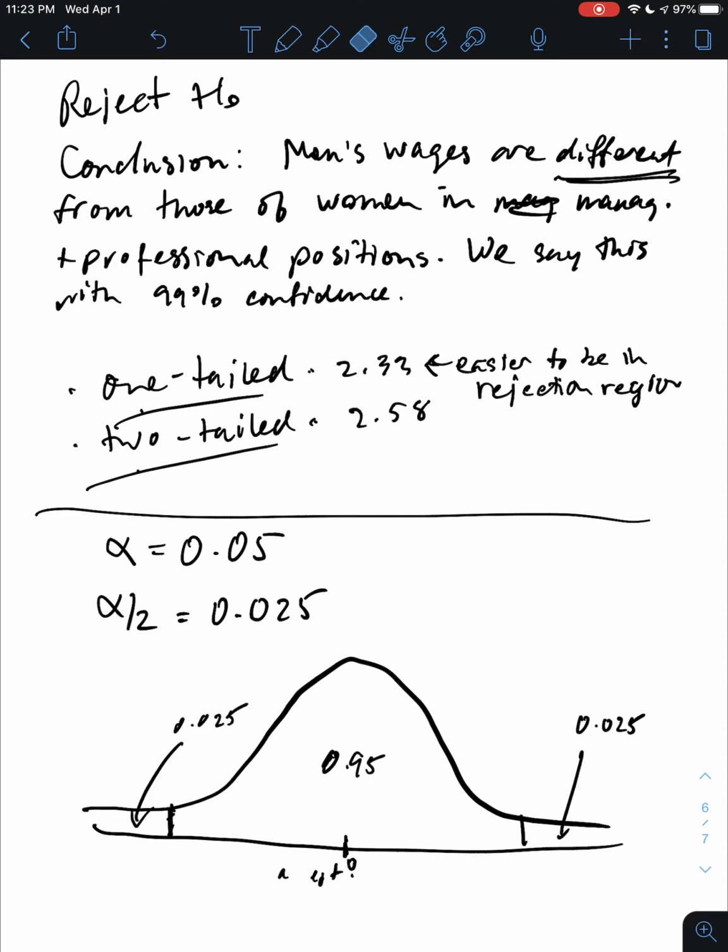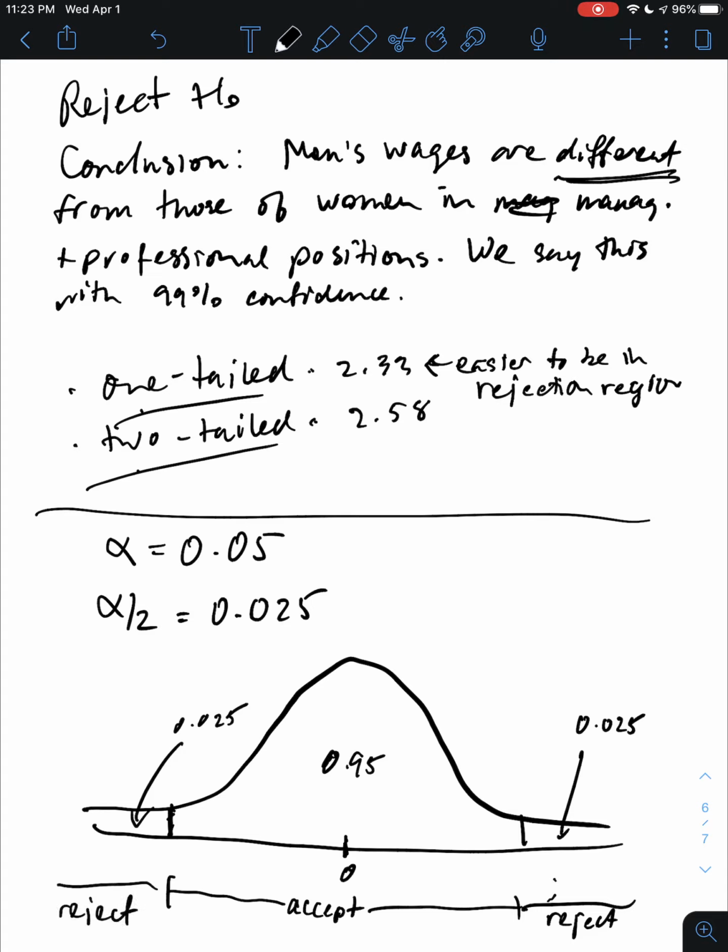That's messy. I'll fix that. Okay. 0. This is acceptance region. And this is rejection region. This is also rejection region. This is a critical value. And we're going to write that critical value with a symbol Z sub alpha over 2.